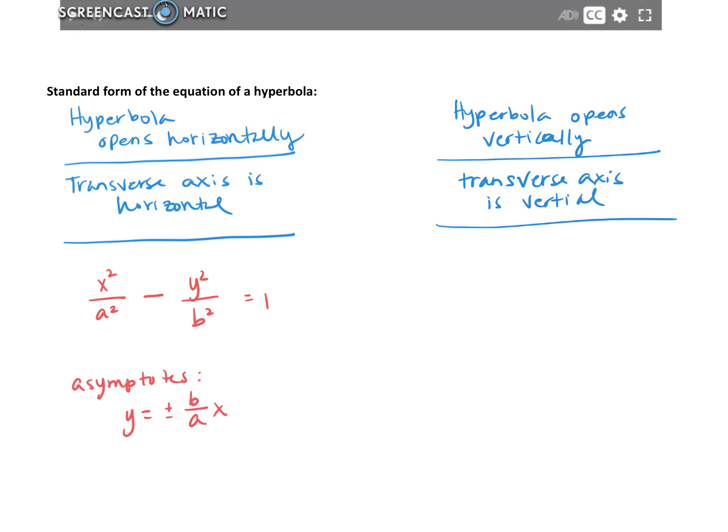Our standard form equation is y squared over a squared minus x squared over b squared equals 1. And the equations of our asymptotes are y equals plus or minus a over b x.